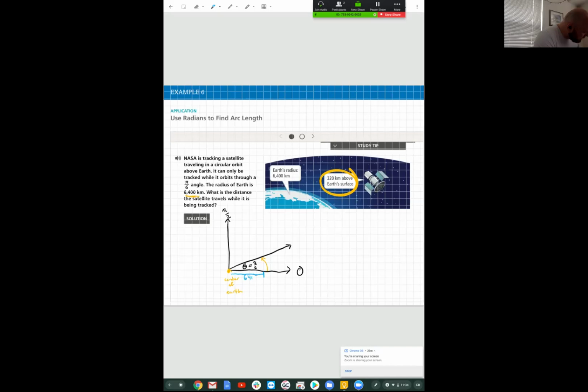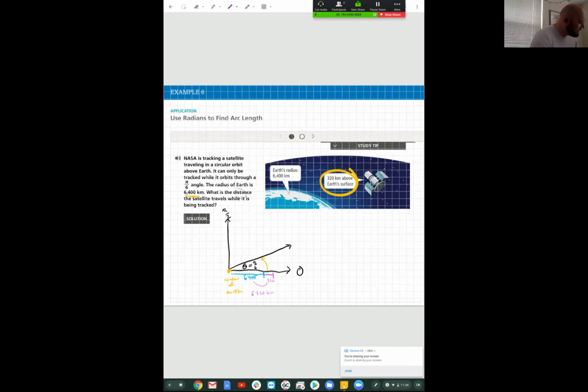So that's 6,400. Then we go another distance out to show that the satellite is traveling up into space. So the combined radius is 6,720 kilometers.